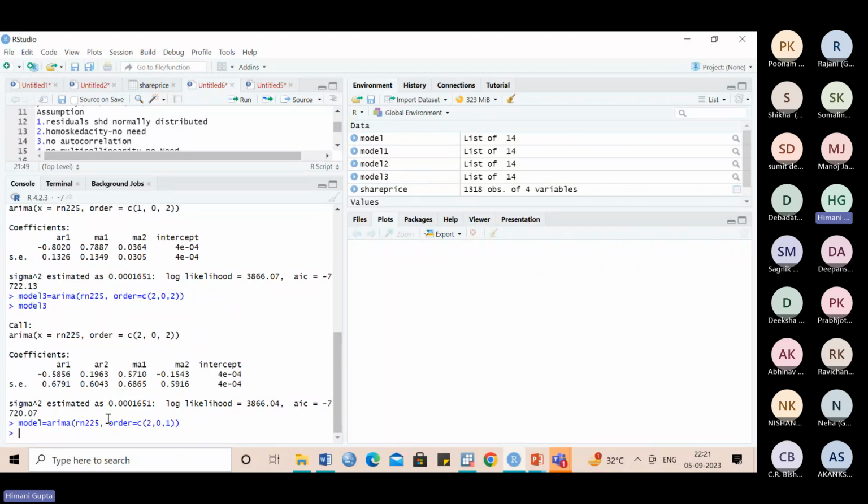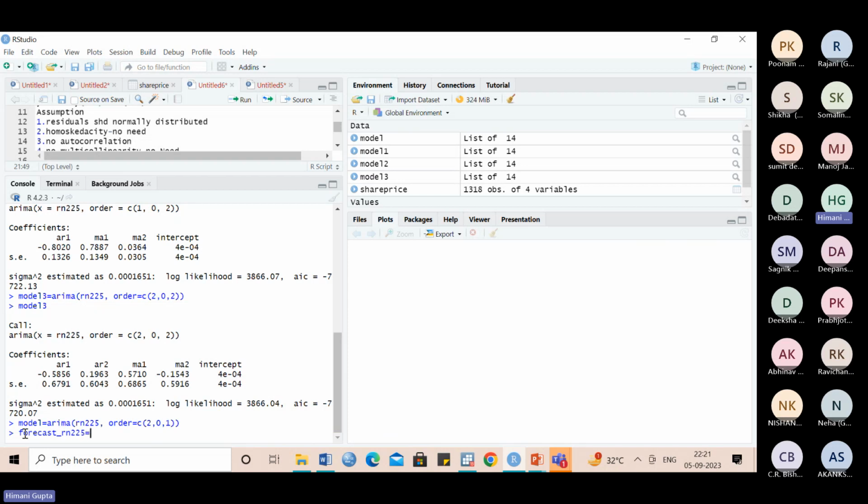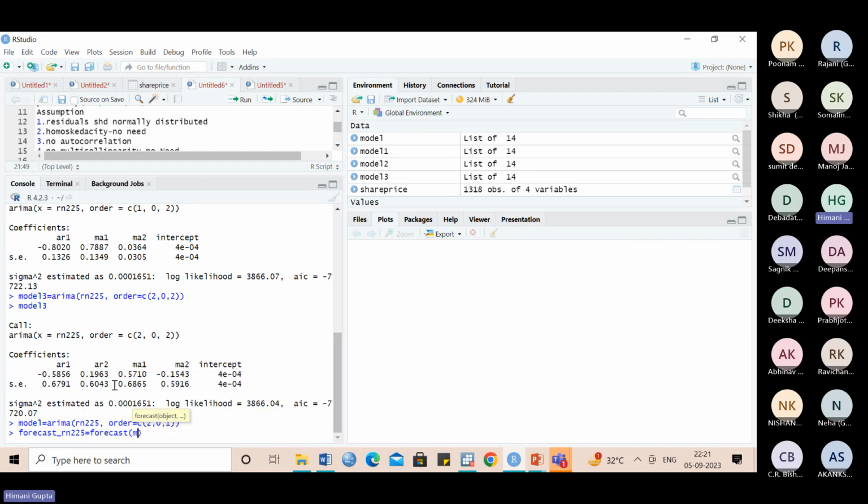So I am saying that this is the best model, and R is also saying that this is the best model, and I have also checked. After I checked, for me also, this is the best model. So further analysis will be done on this model, the 201. So now let's forecast it. Let's say I am storing the command in forecast underscore rn225 is equal to forecast of model.